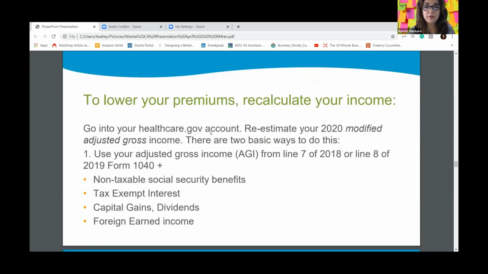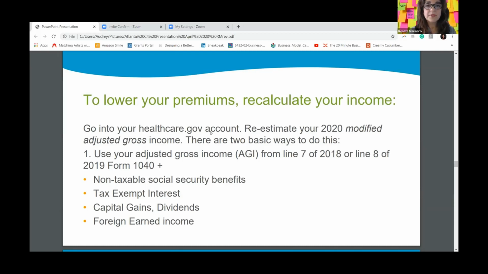So to lower your premiums, you're going to recalculate your income. And there are two basic ways to do this. You can either use your adjusted gross income from prior year's tax returns, or you can estimate 2020 income based on what's happening right now. When you go into healthcare.gov, they're going to ask you to estimate your 2020 income.